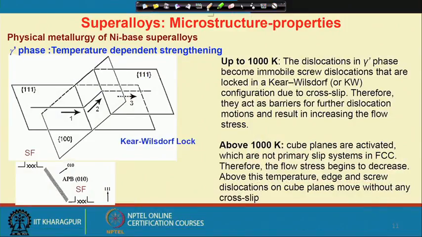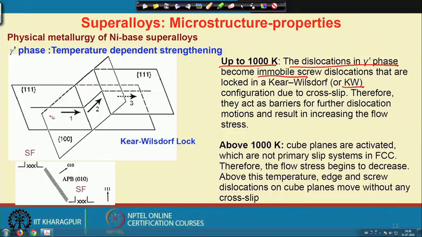Here I show you a schematic. Up to 1000 K, or let us say around 800 degree centigrade, the dislocations in gamma prime phase become immobile, as I said, because of this KW configuration, the Kerr-Wilsdorf configuration.